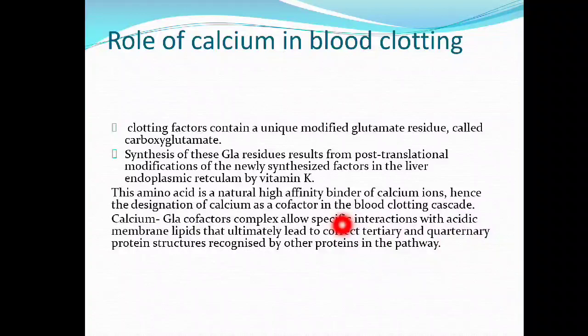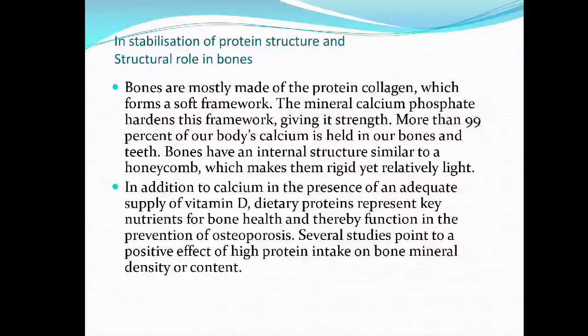These blood clotting proteins are there in the bloodstream. Whenever there is a requirement, calcium comes into the picture and binds with this protein, and the blood clotting results with the help of vitamin K. So that is the role of calcium in blood clotting.